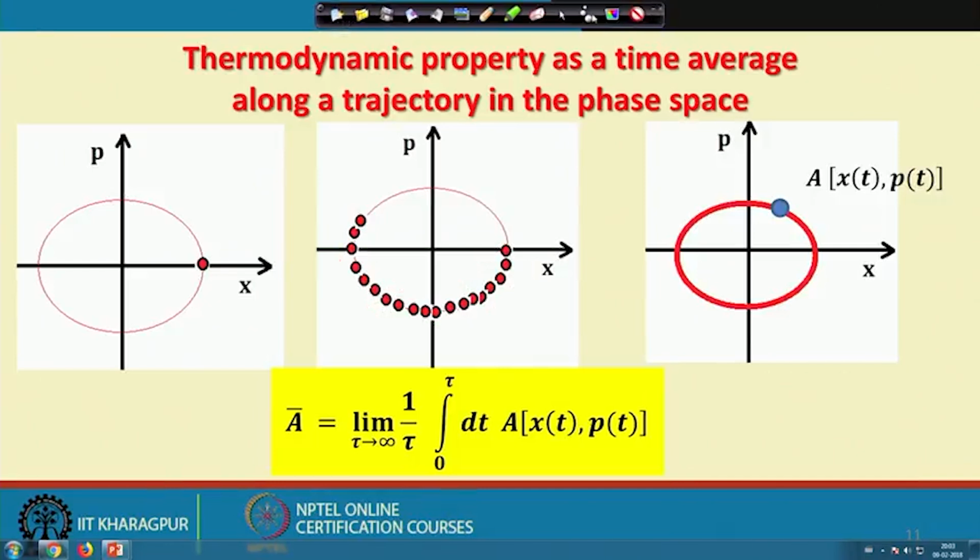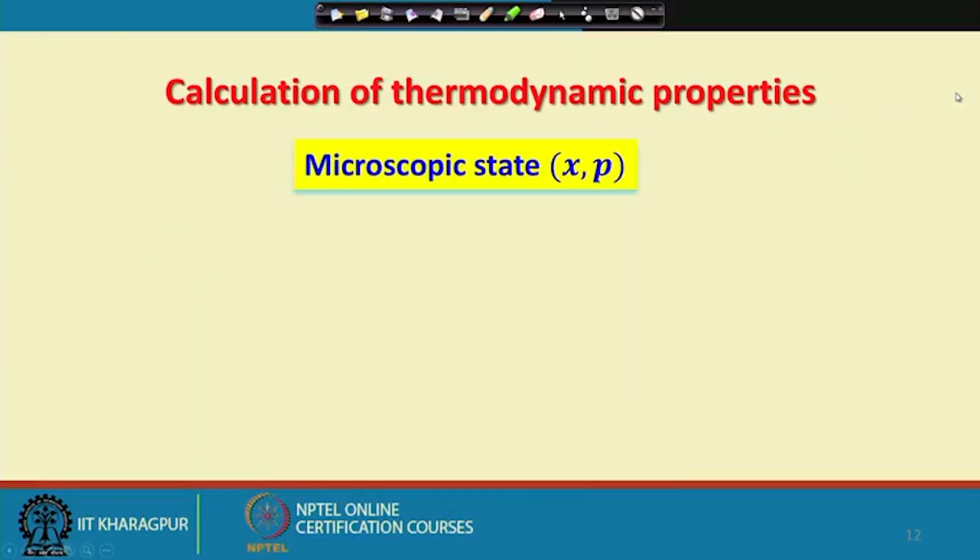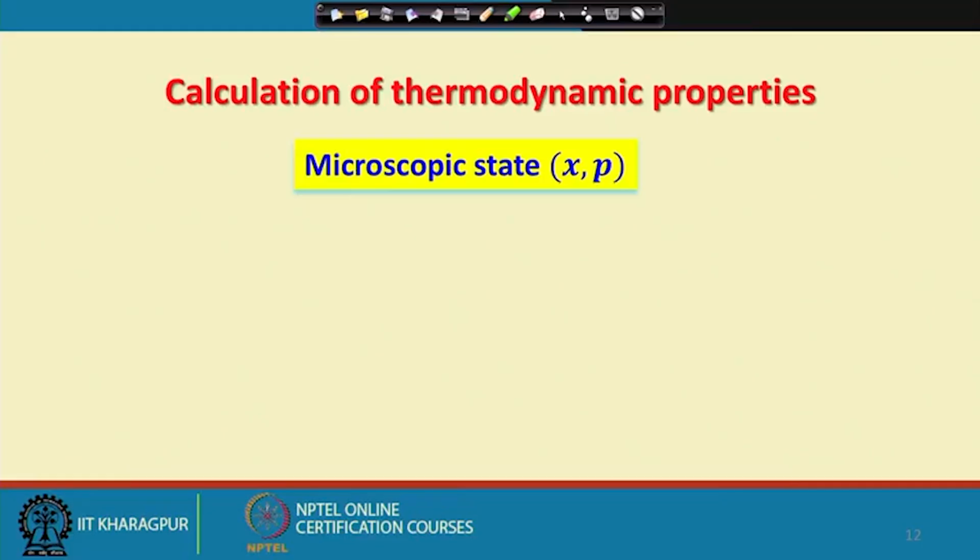Now, once we know this, we can go ahead and try to summarize what I have said so far in this lecture. We started by pointing out that the microscopic state of a system, which obeys the laws of classical mechanics, can be completely specified in terms of its position coordinate x and the momentum coordinate p.